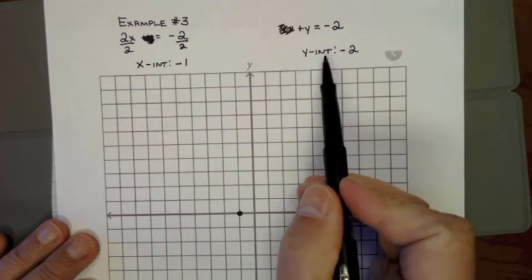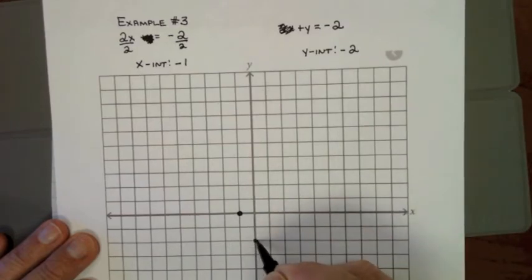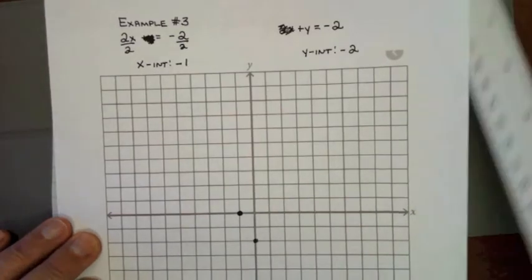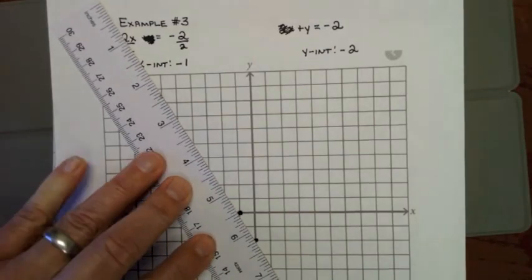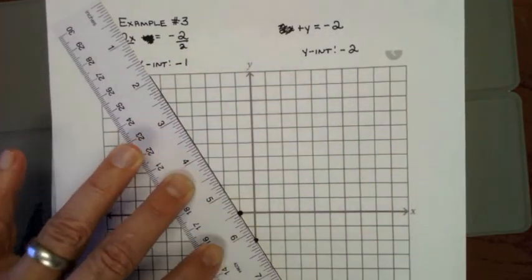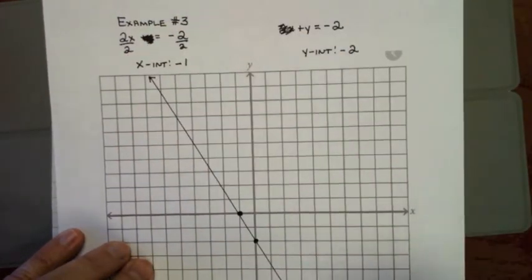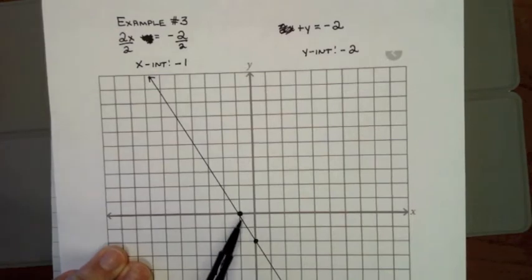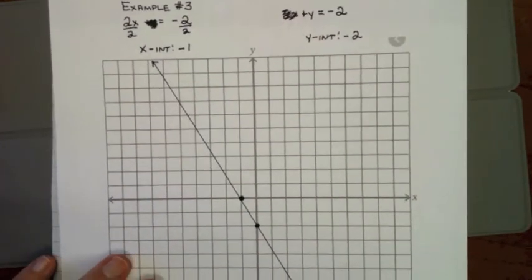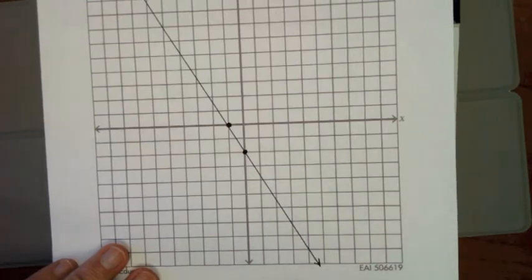I'm going to use the Y-intercept. The Y-intercept is where it runs into the Y-axis. I'm going to go down to -2. Use my ruler, draw my line. I just used the X and Y-intercept to graph this line. The X-intercept is where this line runs into the X-axis. The Y-intercept is where this line runs into the Y-axis.